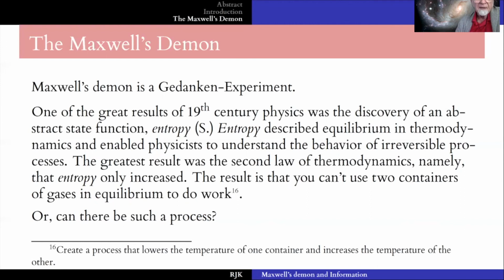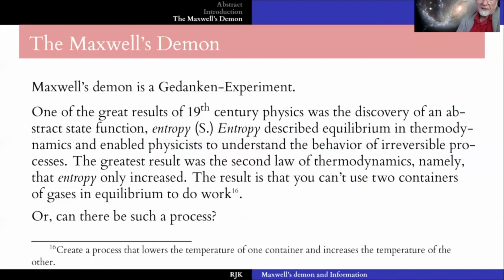One of the great results of the 19th century was the discovery of the abstract state function entropy, which we talked about last week. Entropy describes equilibrium in thermodynamics, enabled physicists to understand the behavior of irreversible processes.